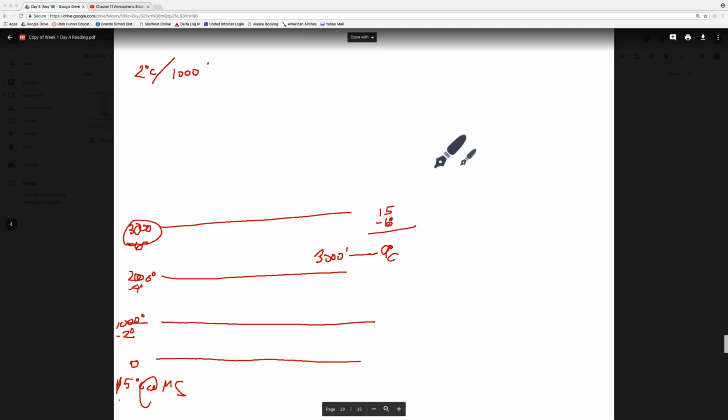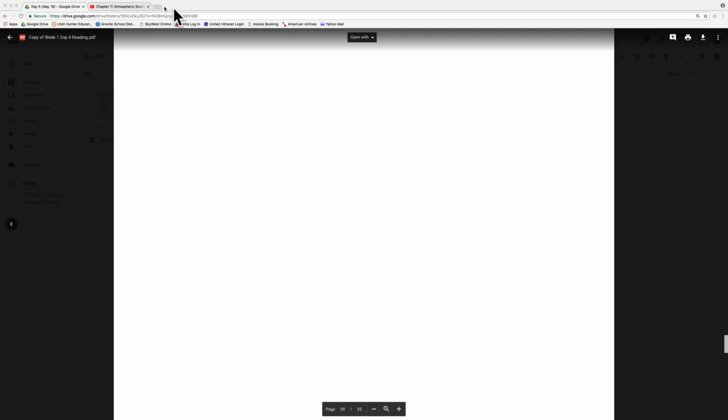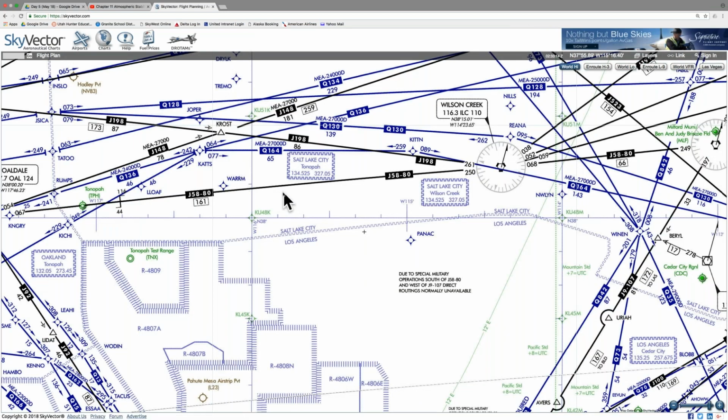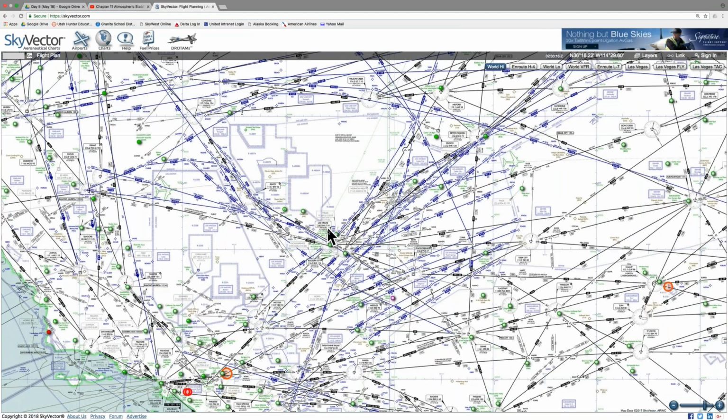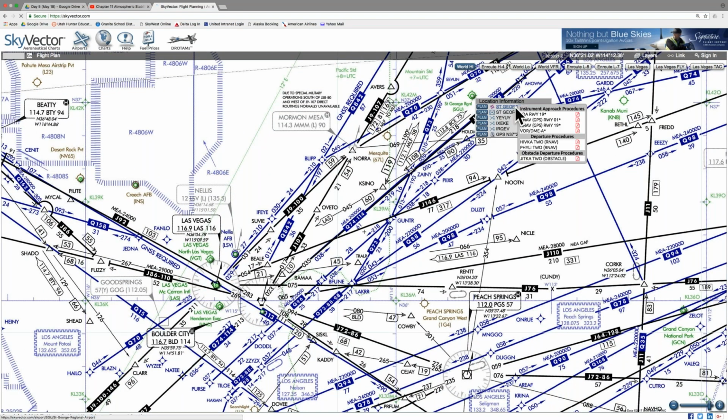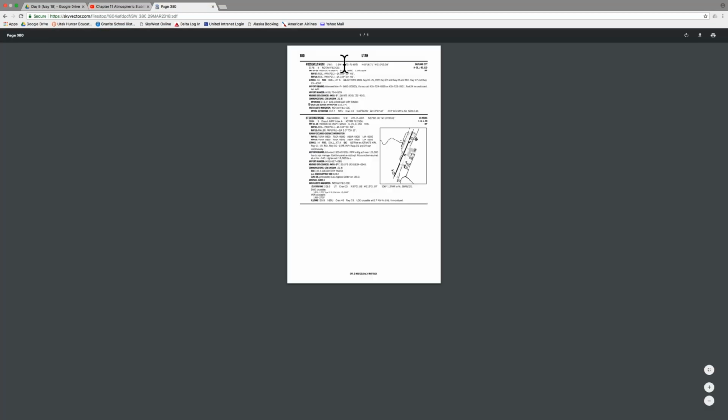So where this comes into play, and I hope you guys are remembering this from our previous lesson, is let's look at St. George Regional Airport here. So St. George is at 28.